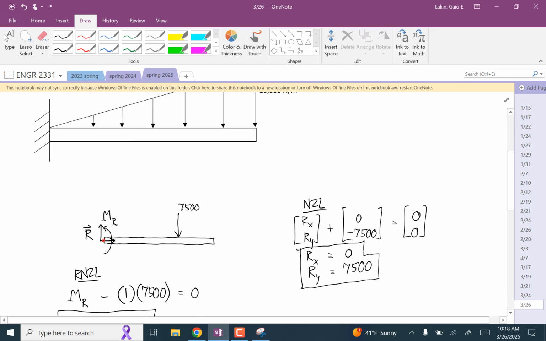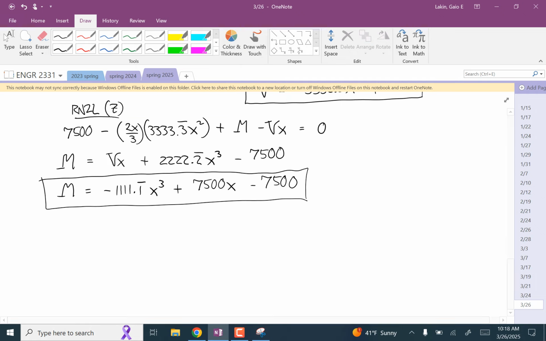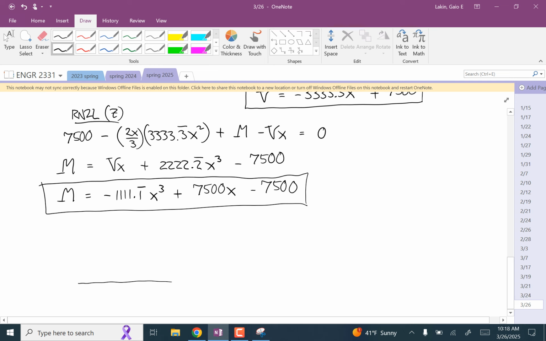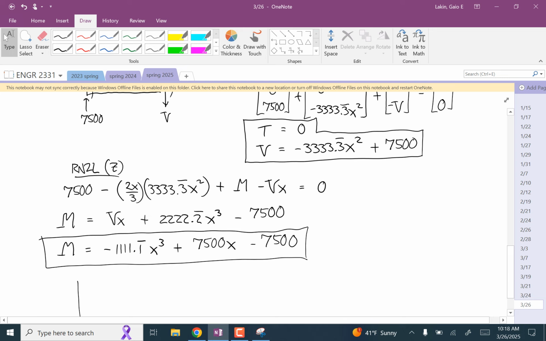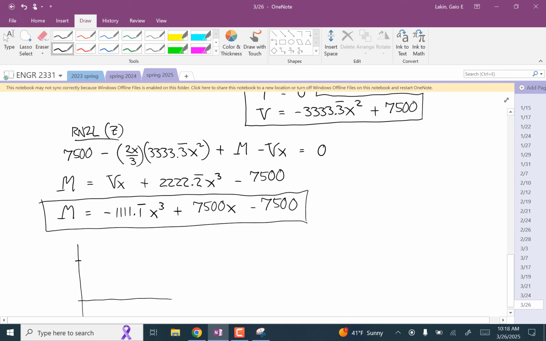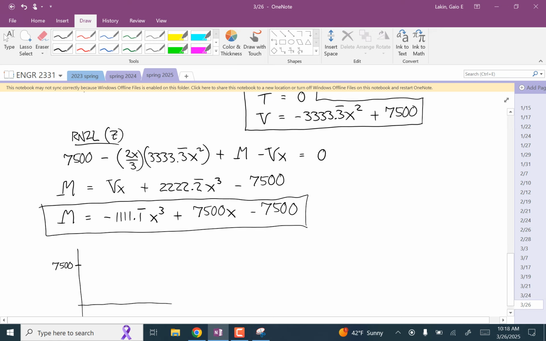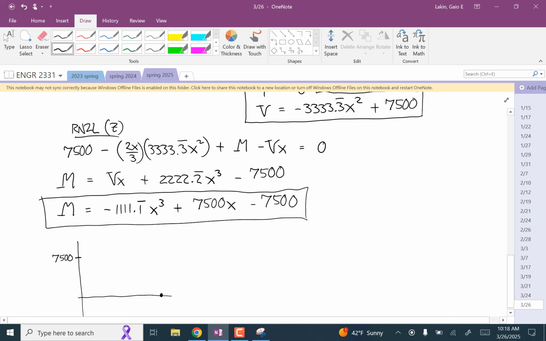V is going to be 7,500 here and it's going to be 0 at the end, and it's going to be concave down, so a parabola like that.